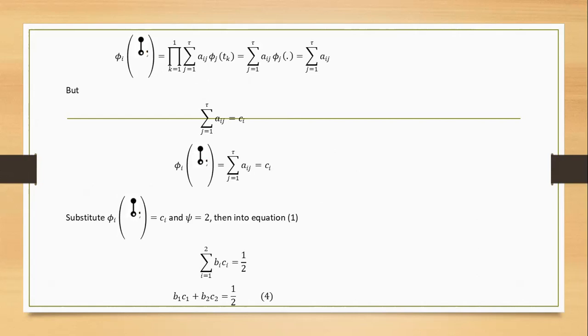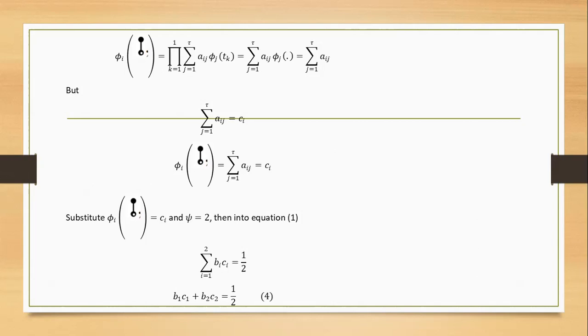That is why if I substitute it, I'm going to have 1, and that 1 will now be the summation j equals 1 of aij. And if you remember from our Butcher tableau, summation aij is equal to ci. Then if I substitute it into equation 1, I'm going to have bi ci.